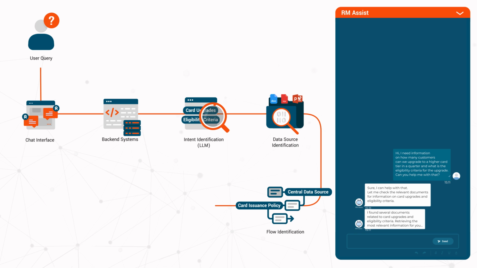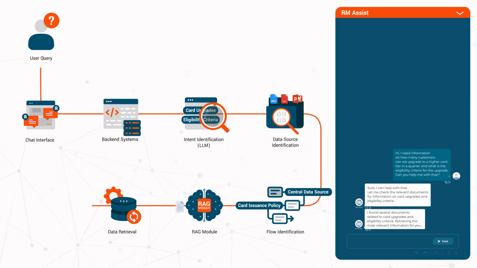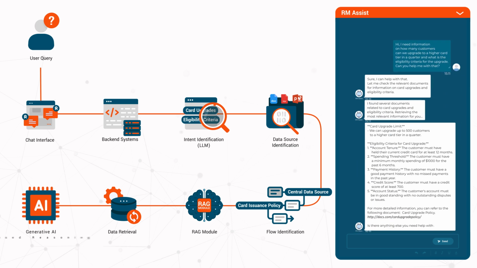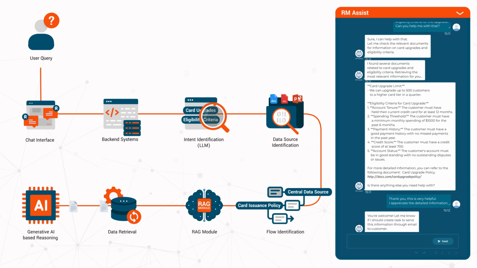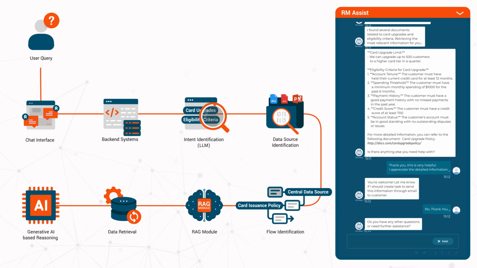the Relationship Manager query. The flow goes through the Retrieval Augmented Generation module to access and retrieve data from the identified document source. RAG module triggered and data retrieval initiated from the Card Upgrades section of the Card Issuance Organization Policy Word document. Using generative AI, the retrieved data is processed and synthesized into a coherent response.